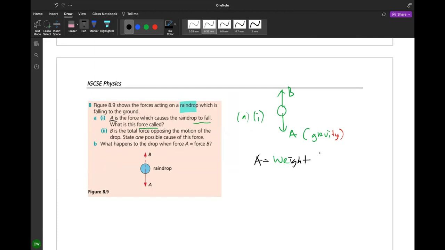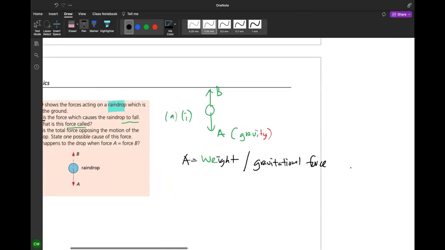The other name for weight, anyone know? Why does weight have another name? Gravitational force. What is gravitational force?